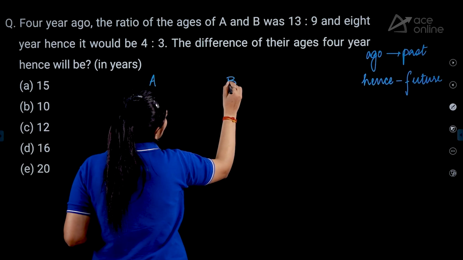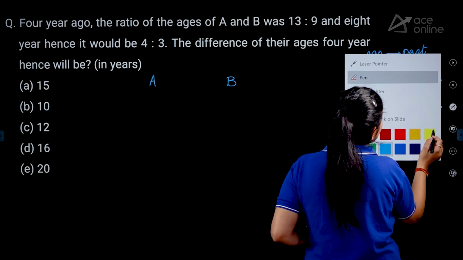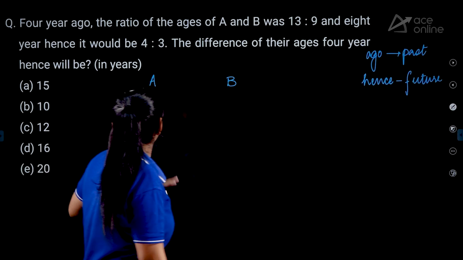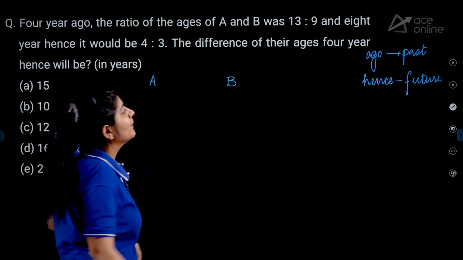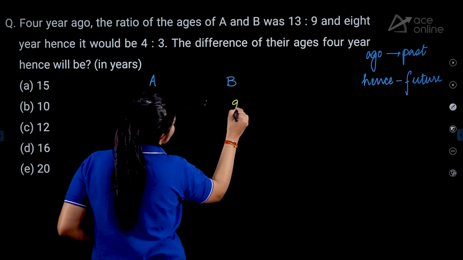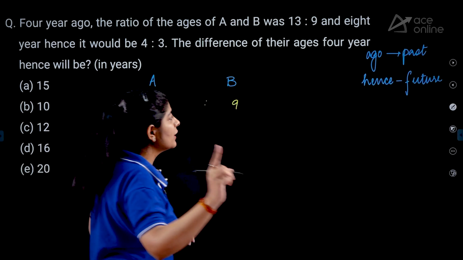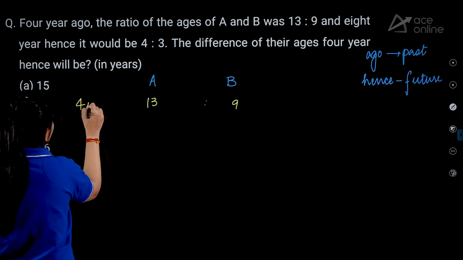Here we have two participants, A and B. 4 years ago, the ratio of ages of A and B is 13:9. This is the ratio that I have 4 years ago, so I am writing 4 years ago.